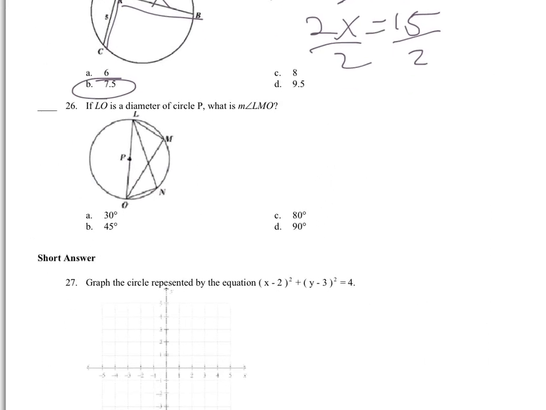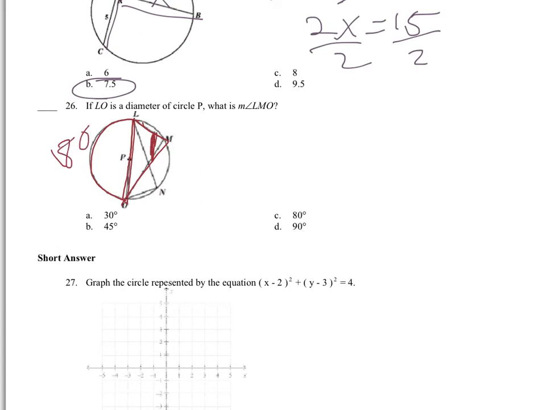Okay, LO is the diameter of circle P. So here we have the diameter. What is the measure of LMO? This angle is an inscribed angle. You'll recall it is equal to half of the arc that it intercepts, which, if this is a half circle, is 180.